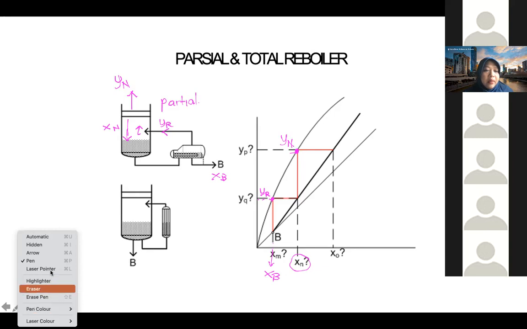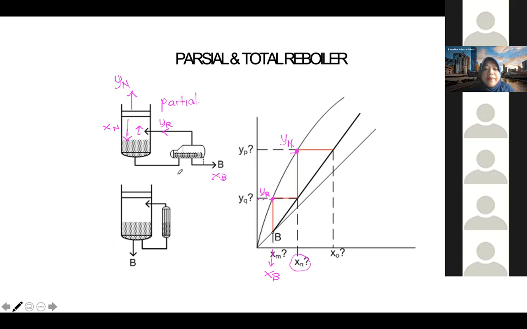Okay, one more. How about this one? This is a total reboiler. In the total reboiler, your XB is this one, and then all of your B you vaporize into the vapor. So this is going to be your vapor there.